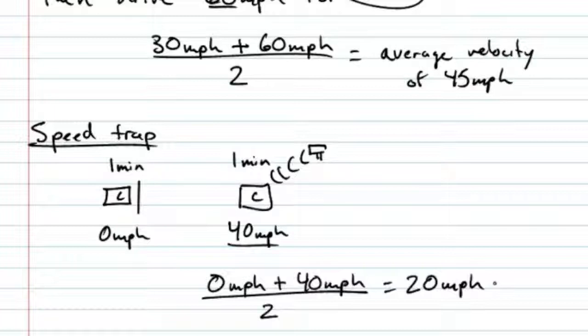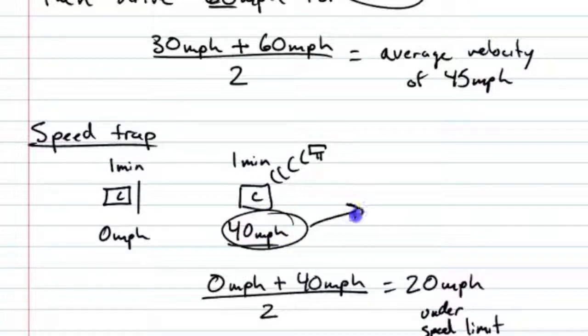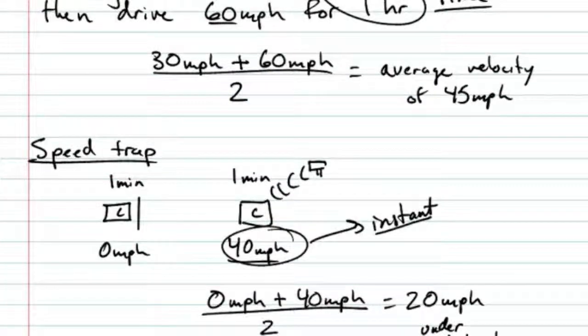So your average velocity was under the speed limit, but your other velocity, your instant velocity, was over. So hopefully that helps you kind of understand what average velocity means.